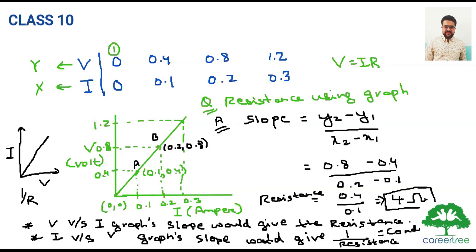So if you get a question where you have to find resistance using a graph, and if you plot a V versus I graph, always the slope will directly give you the resistance. And in case an I versus V graph is plotted, then you get a reciprocal of resistance. That would mean in order to find the resistance, you need to take the reciprocal.